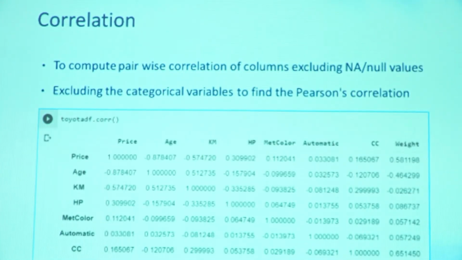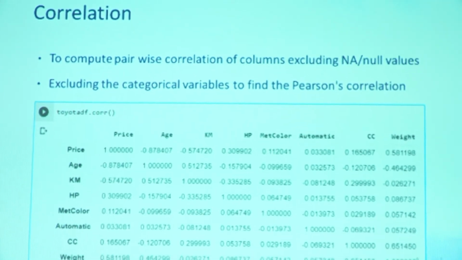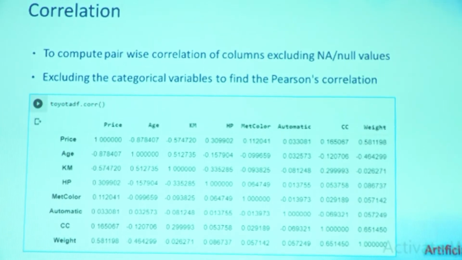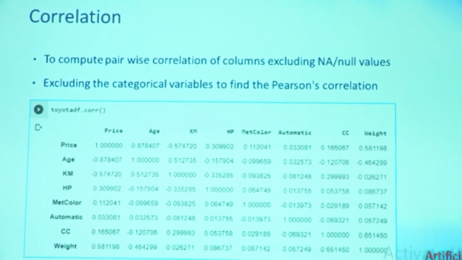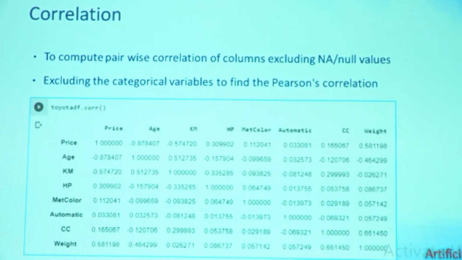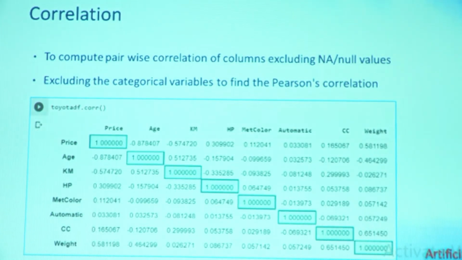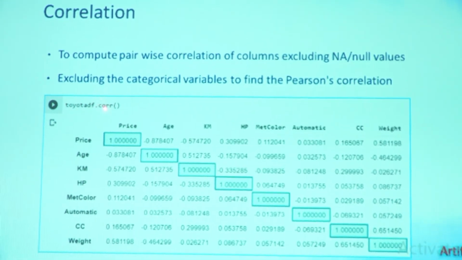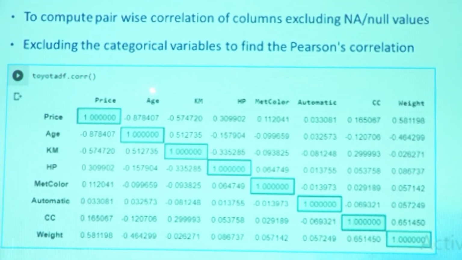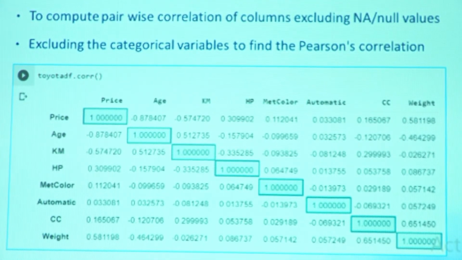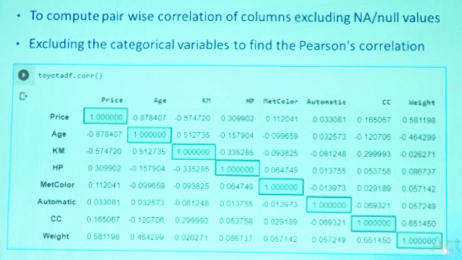Now, to compute pairwise correlation, first exclude all the null values and exclude the categorical variables if you really want to find out the correlation. After that, you can find out the correlation of your data frame using the .corr method. So what do you see? Why are these values 1 here, guys?